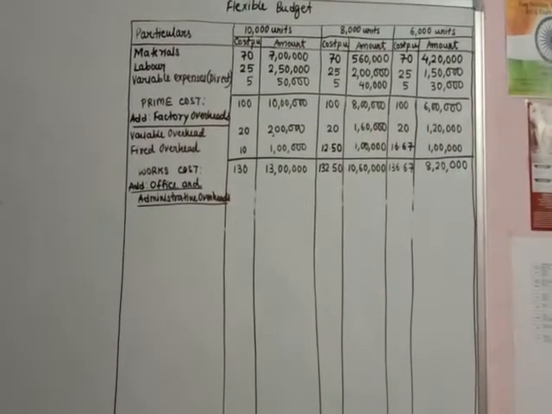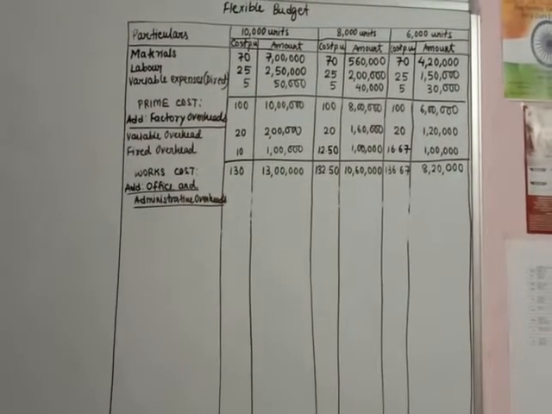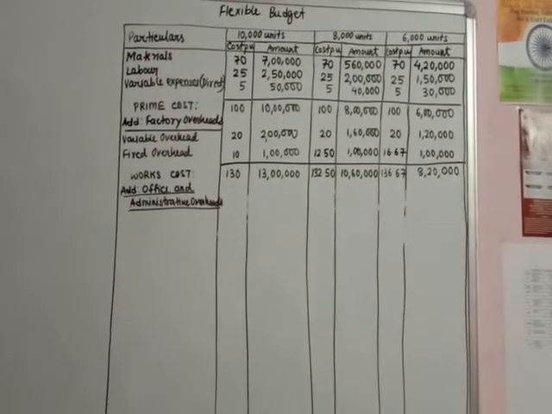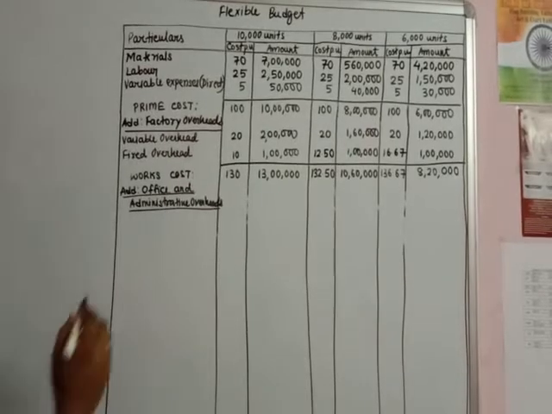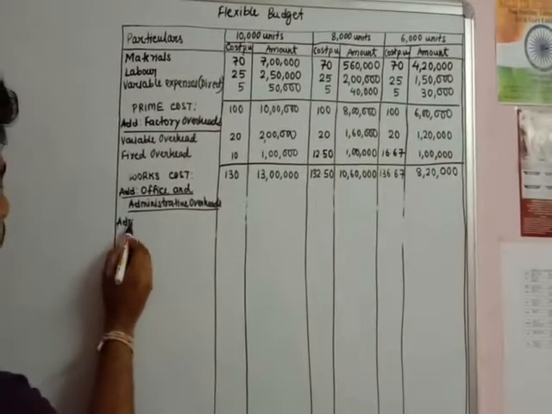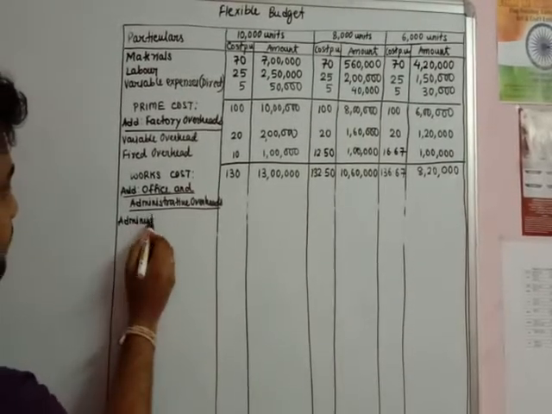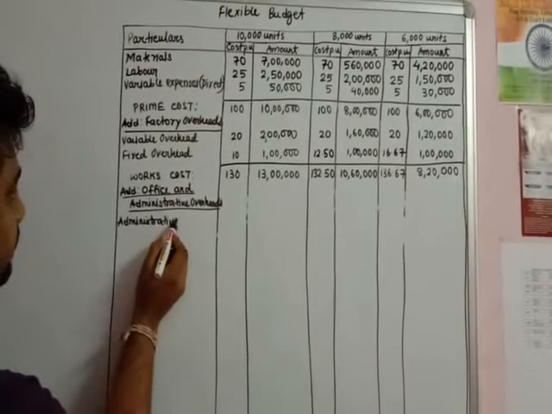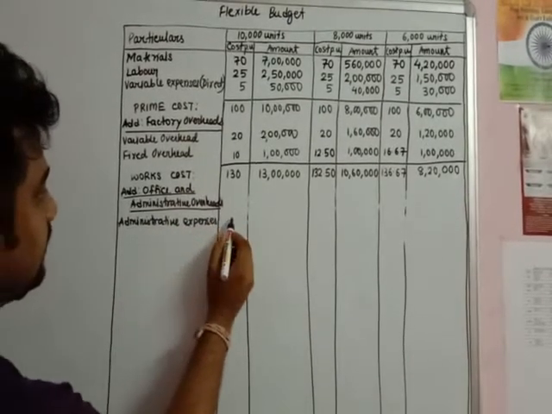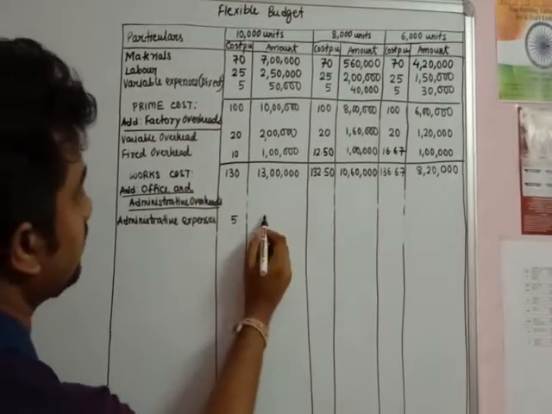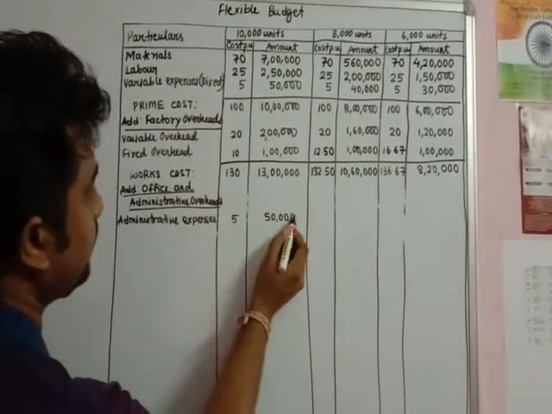We'll find you have an administrative expense amounting to 50,000. Cost per unit at 10,000 levels of production is ₹5. So you have administrative expenses, that is 5, amounting to 50,000.